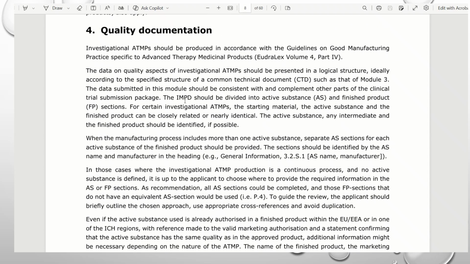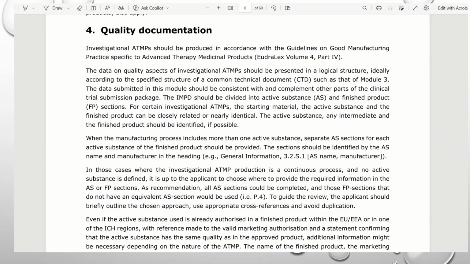The important part about this is the data on the quality aspects of the investigational ATMP should be presented in a logical structure. So they're not really necessarily forcing you. There's a saying, it should be presented in a logical structure. And really, that does ideally mean that it should be according to the common technical document.